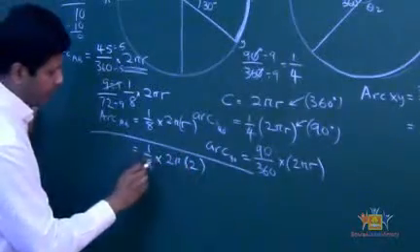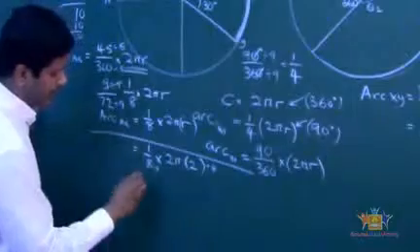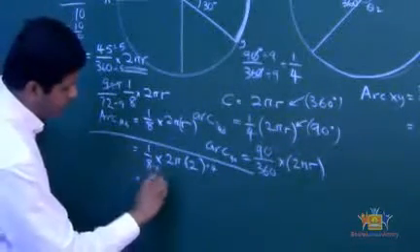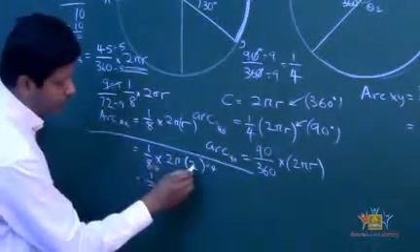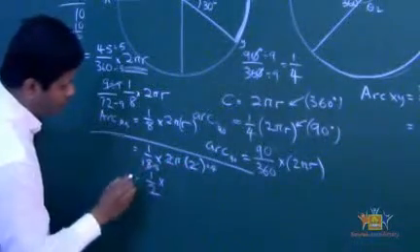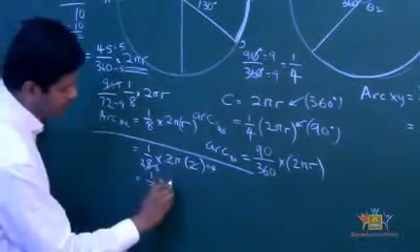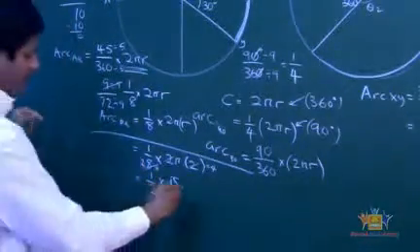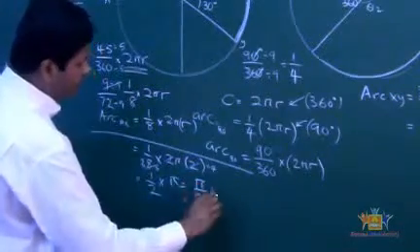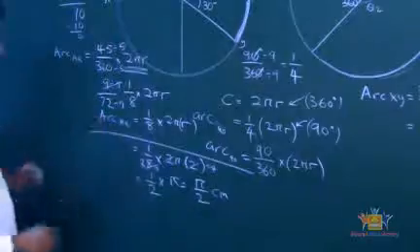So I can divide this by 4, I can divide this by 4. That gives me 1 over 2, because 2 times 2 is 4, and 4 divided by 4 is pretty much gone. And this one becomes 2. So left is what? Pi. So that means pi over 2 centimeters. And that's the arc. Alright?